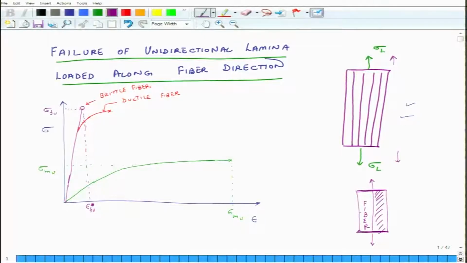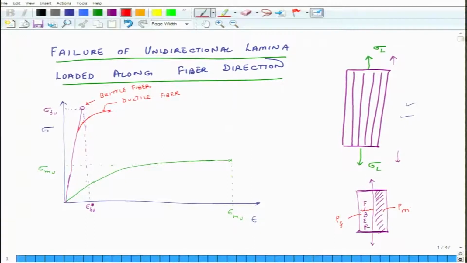So, once the fiber breaks, all this material is no longer taking the load. At the breaking point, let us say the total load taken by the fiber is Pf, and the load taken by the matrix is Pm.